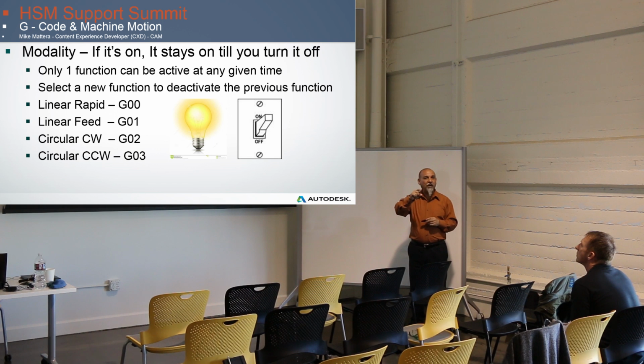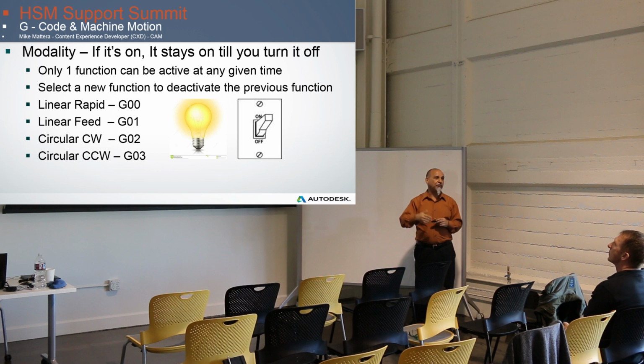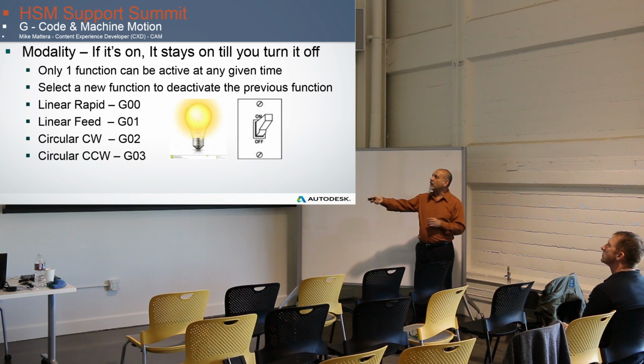If I say G1 with an XY position, it's going to feed to that position. And then I can just say XY to a new position, and it will feed to that position because it was the last programmed condition. So in this case, any one of these will deactivate the other. That's modal.